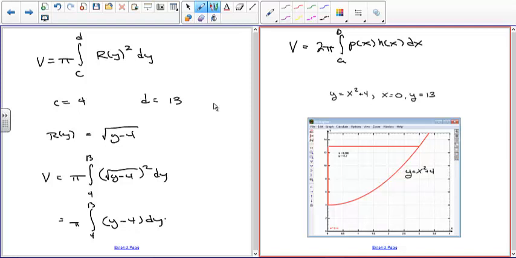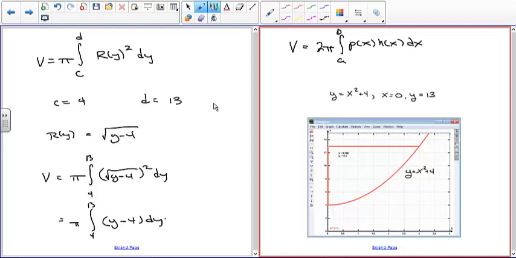I have a question about this. I'm having trouble figuring out with each method which line to have above the other. Yeah, subtract from. In this case, you just see where the top part of the rectangle is, and this is the one that's more positive in the y direction. Because you always have to have this difference to be positive, because you're getting a positive area, a positive volume.